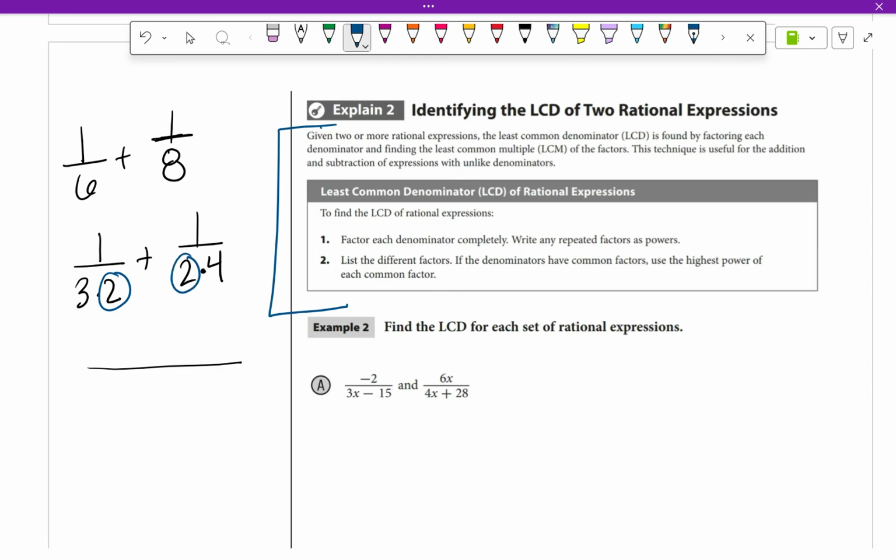Anything I circle in blue, I am allowed to write down one time as part of my least common denominator. Everything that's left over, I'm going to underline in red. So I get 3 and I get 4. We are going to write down everything that is underlined in red.